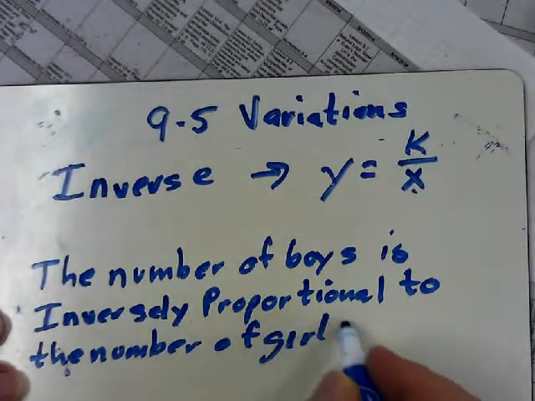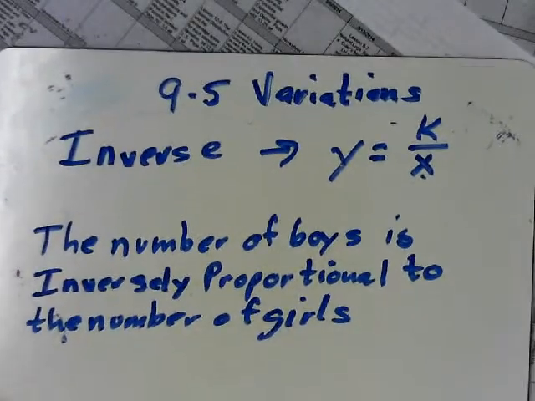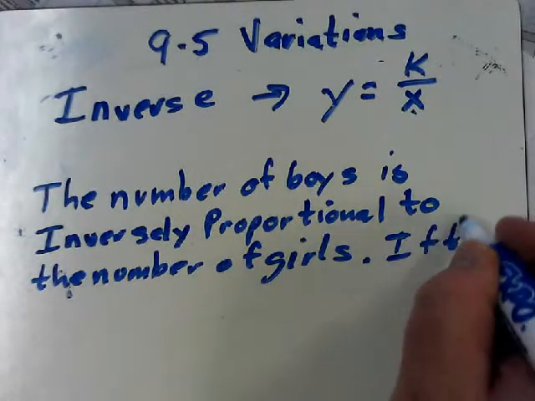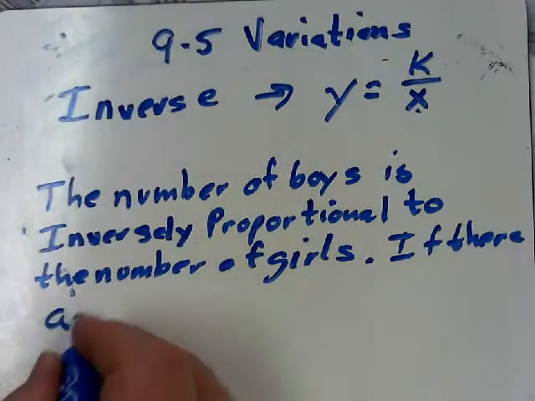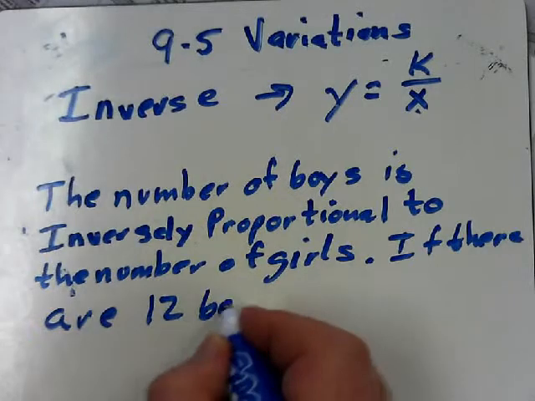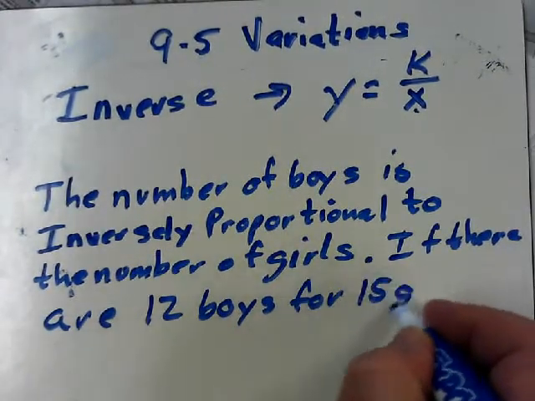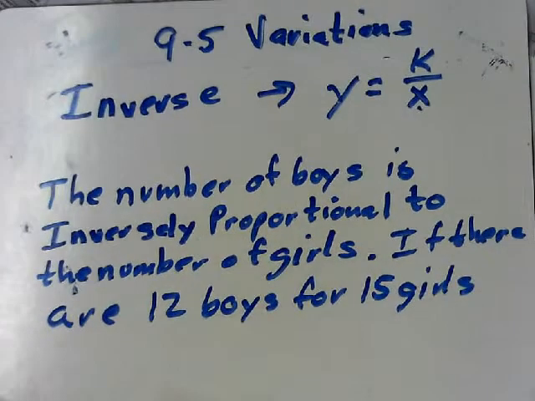You know, just like that problem we had before, right? If there are 12 boys for 15 girls, there would be 12 girls and 15 boys? Is that what it means?